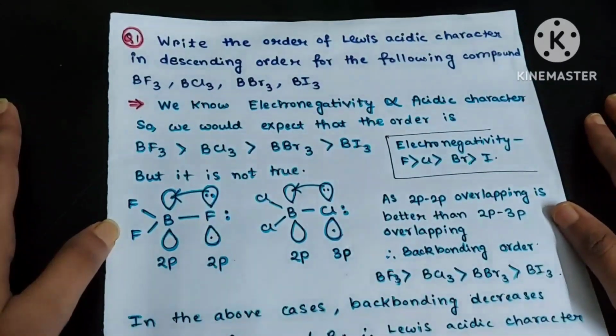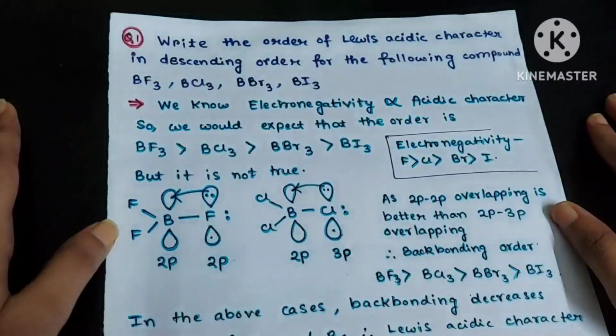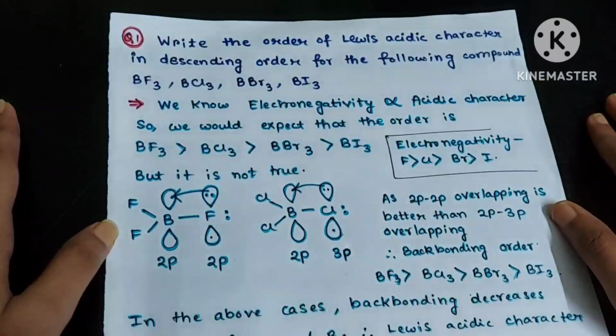Okay, so here we know electronegativity and acidic character are directly proportional. Both are directly proportional. So according to us, the answer should be BF3 will be more acidic than BCl3, than BBr3 and BI3.